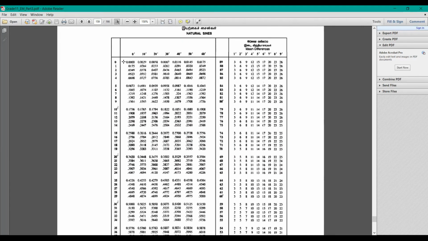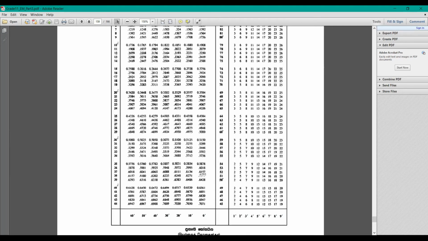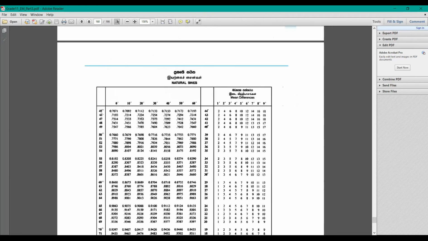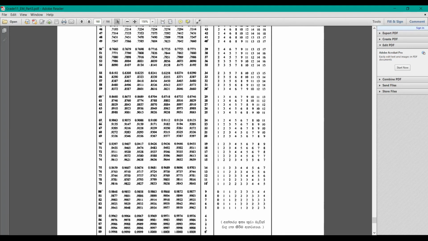Similarly, let's find the value of sine 70. Sine is calculated in this column. You can scroll down: sine 45, sine 50 here, sine 60 here, and here goes sine 70. There are no minutes, so it is 0.9397.